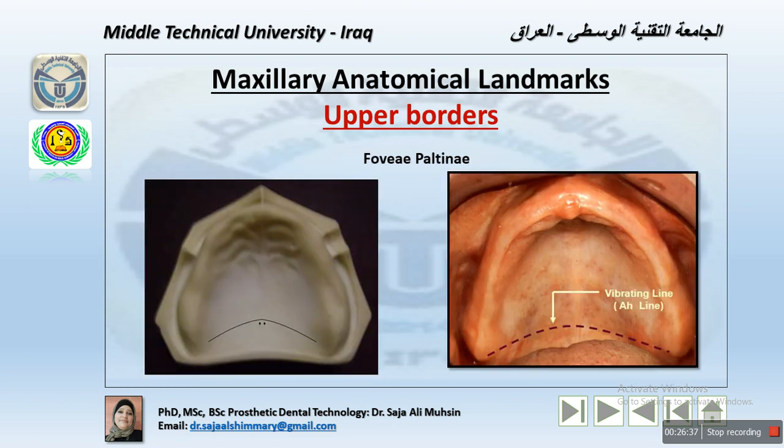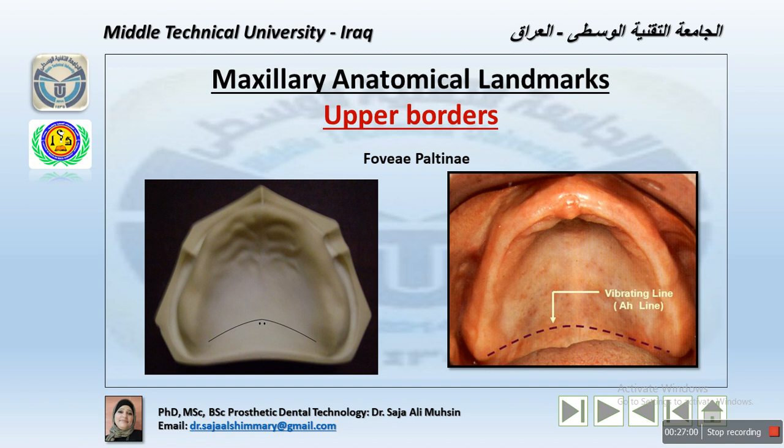Okay, now the foveae palatinae: there are two dots behind the vibrating line, 1 to 2 millimeters, and of course these supply the soft palate and the last part of the palate with nerve. These are not included within our denture, but should be avoided.